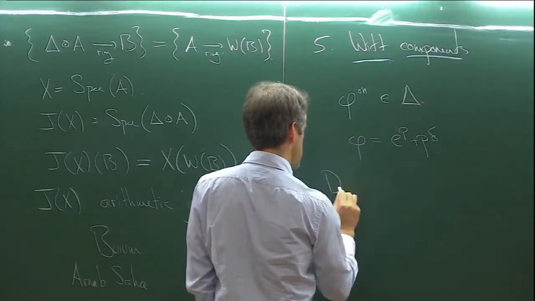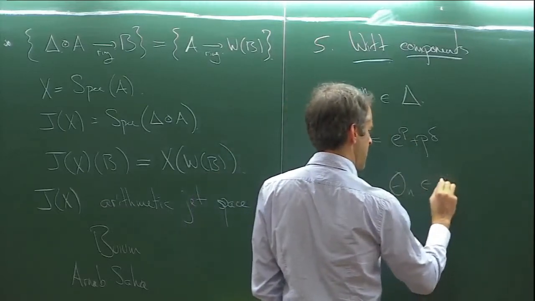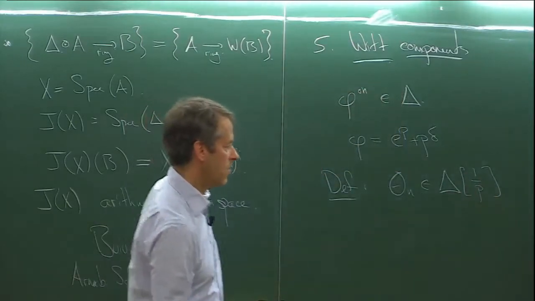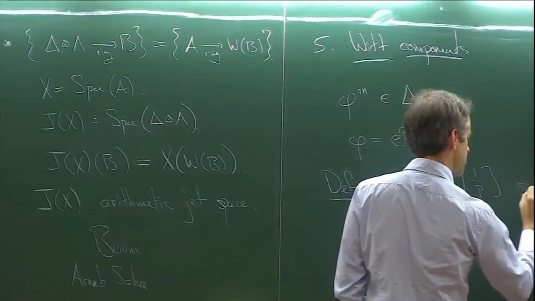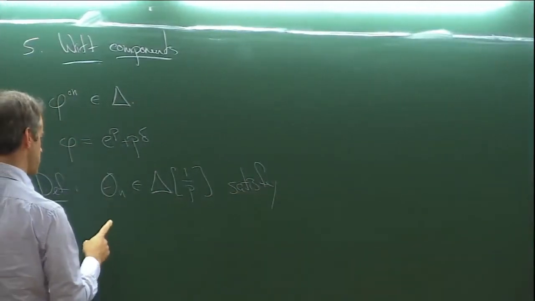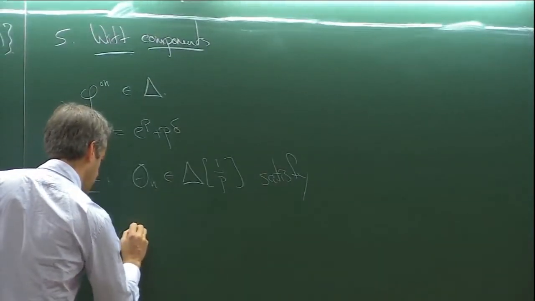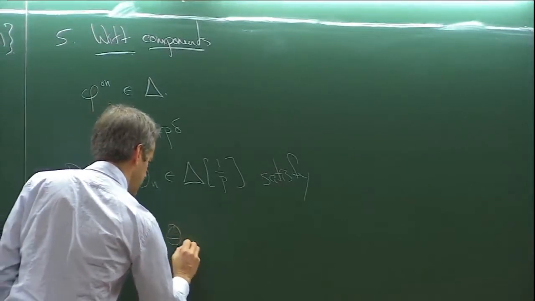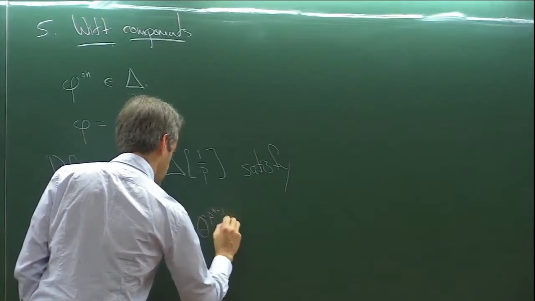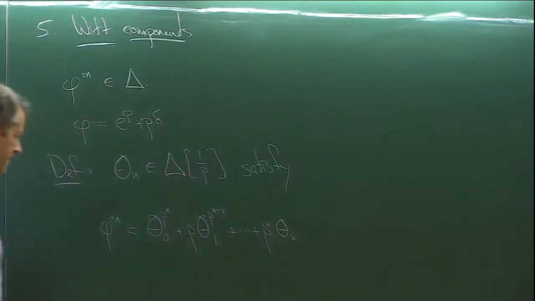And then we define theta n in delta adjoin 1 over p. This is the unique sequence of operators starting at n equals 0, satisfying phi composed with itself n times is theta 0 to the p^n plus p theta 1 to the p^(n-1), and so on.